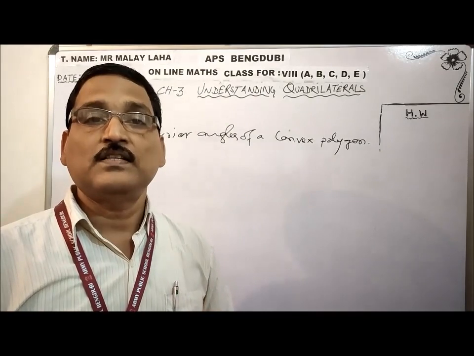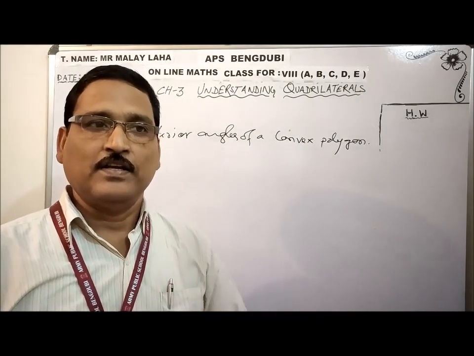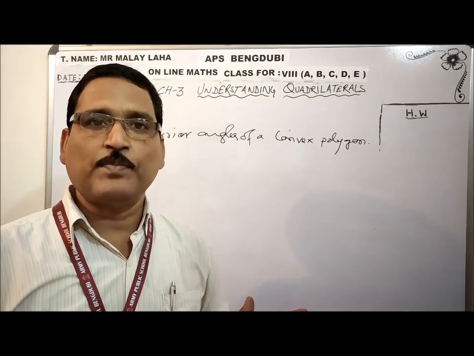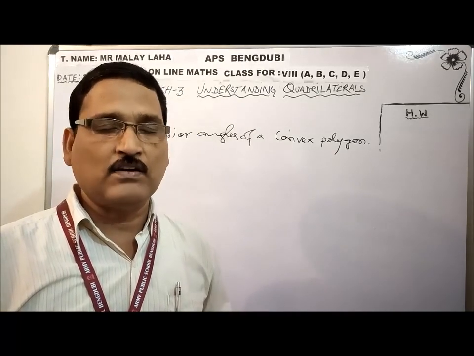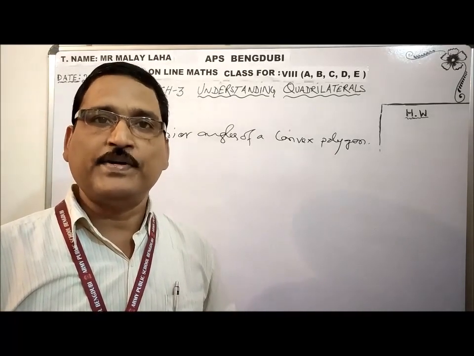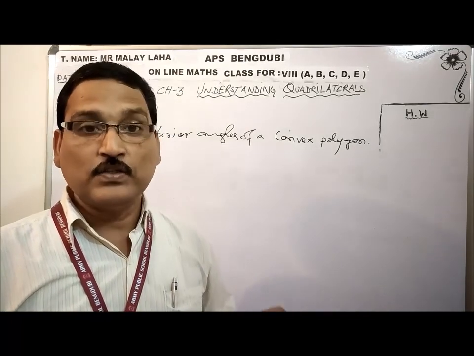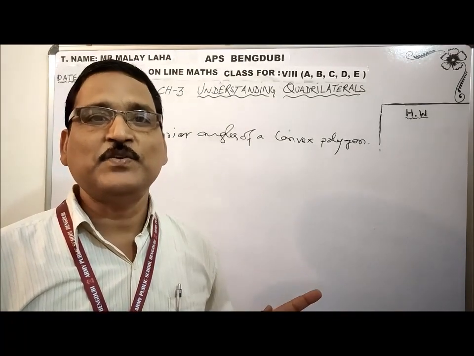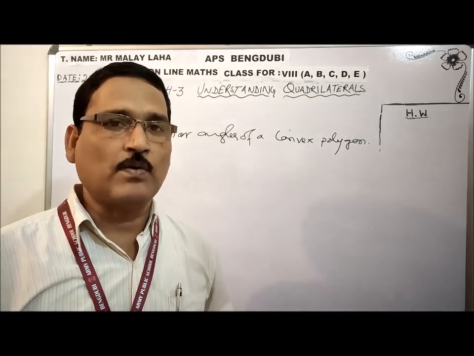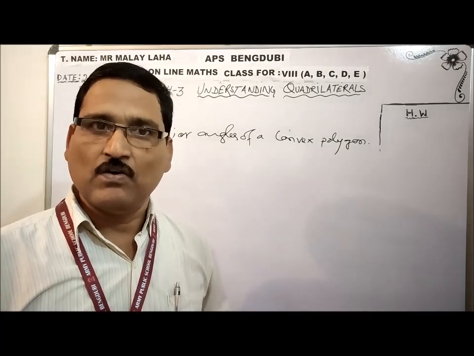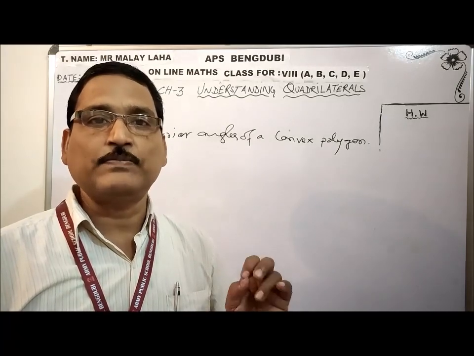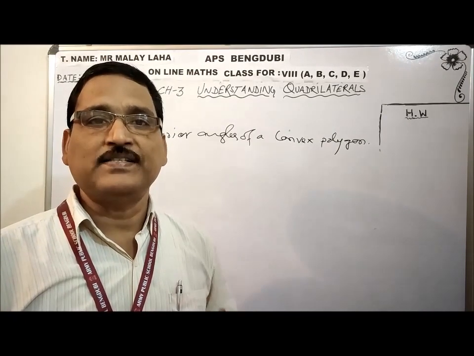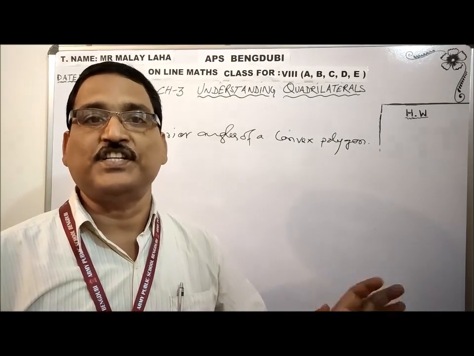That is 360 degree. The exterior angle of a triangle is 360, of a hexagon 360, of a decagon 360. So this can be asked as an MCQ, fill in the blanks or true or false question. So the sum of exterior angles of any convex polygon is fixed and its value is 360 degree.